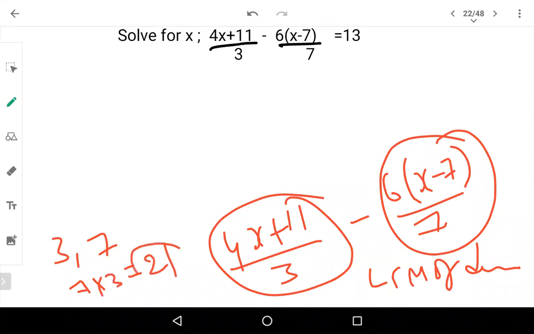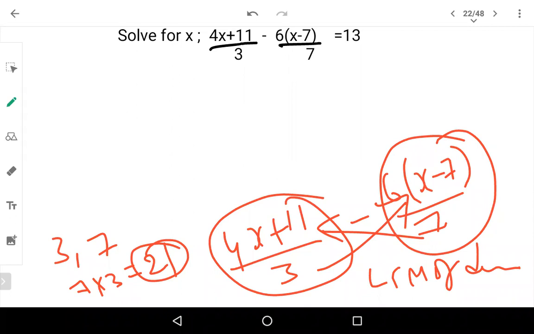Now once you get the LCM, you can cross multiply the numbers. That will give you the values much more easily, and you will be able to get the answers in less time.